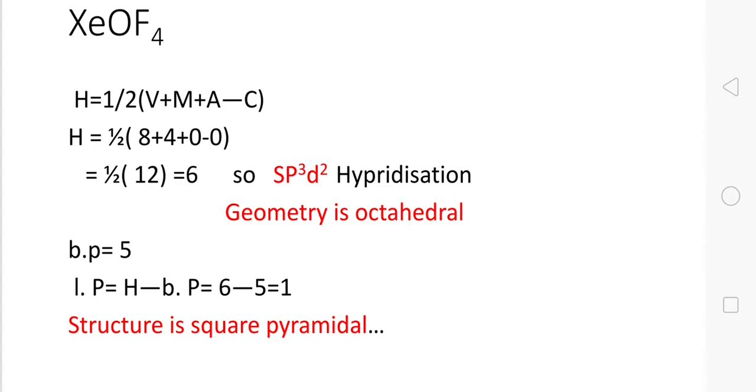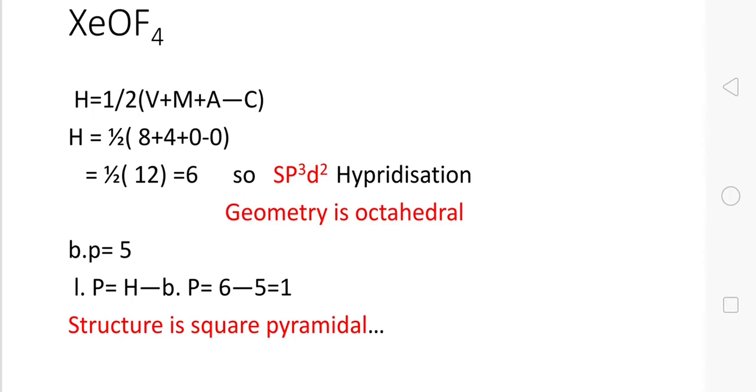It is the central atom. Xenon is the central atom. O and F are surrounding atoms. So the valence electron of the central atom xenon, it is a noble gas in the 18th group, is 8. There are 5 atoms, 1 O and 4 F.